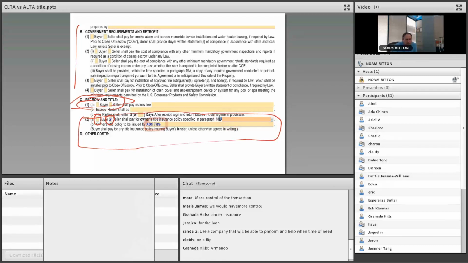Why don't we care? We don't care because, let's go back here. It says, seller will pay for owner title policy, specified in paragraph 18, which later on talks about the type of policies. So that's the purpose of that policy. That's the place we're talking about.